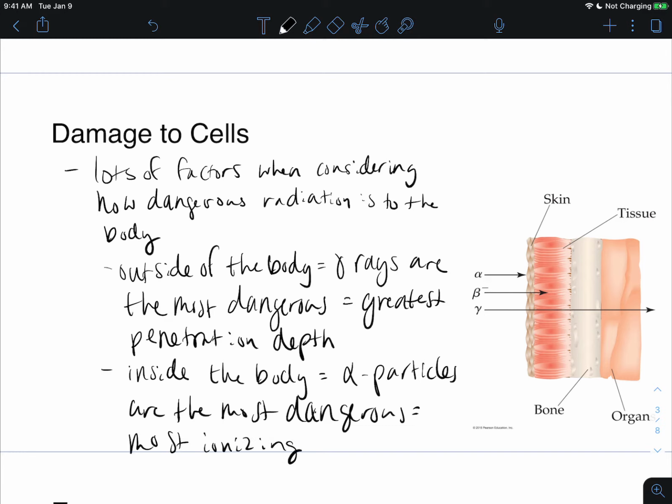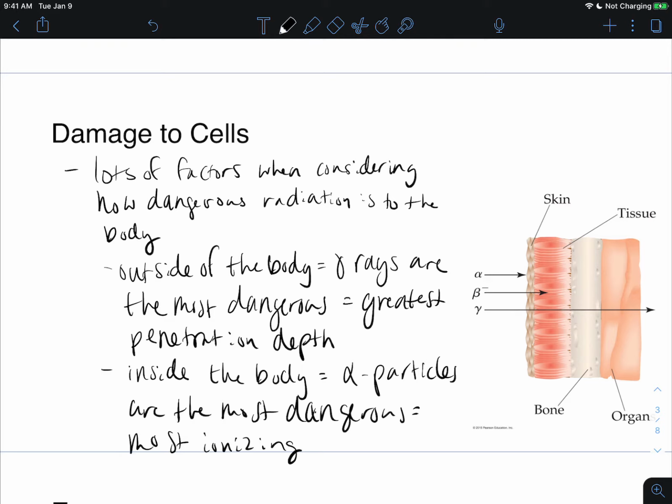They are the largest, at a mass number of 4, and they have a +2 charge, so they are a very ionizing form of radiation. The nice thing is that they're stopped by skin, but if you're opening up your mouth and allowing that to go into your organs, then it's going to be very, very dangerous for you.